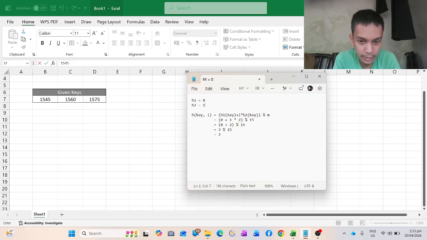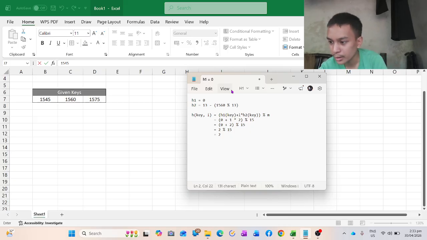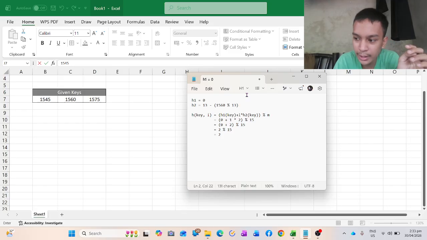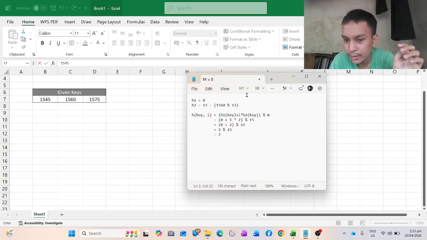Now we're going to compute H2, which is 13 minus 1560 modulo 13. 1560 divided by 13 is equal to 120.